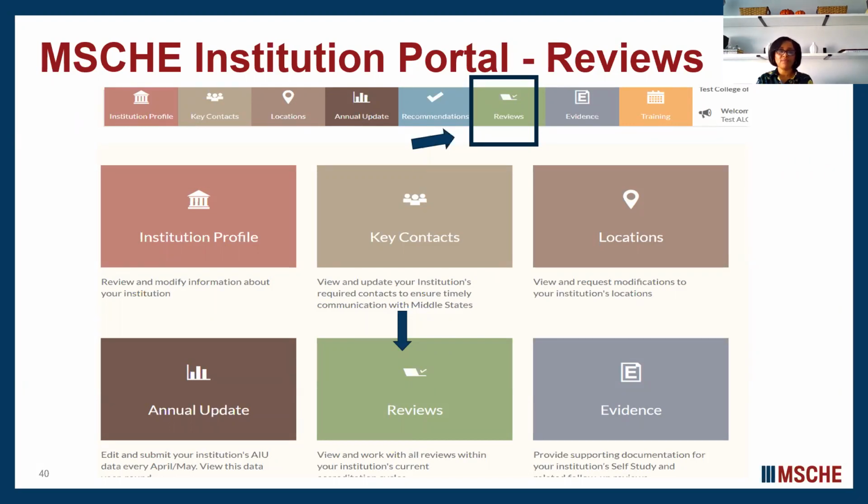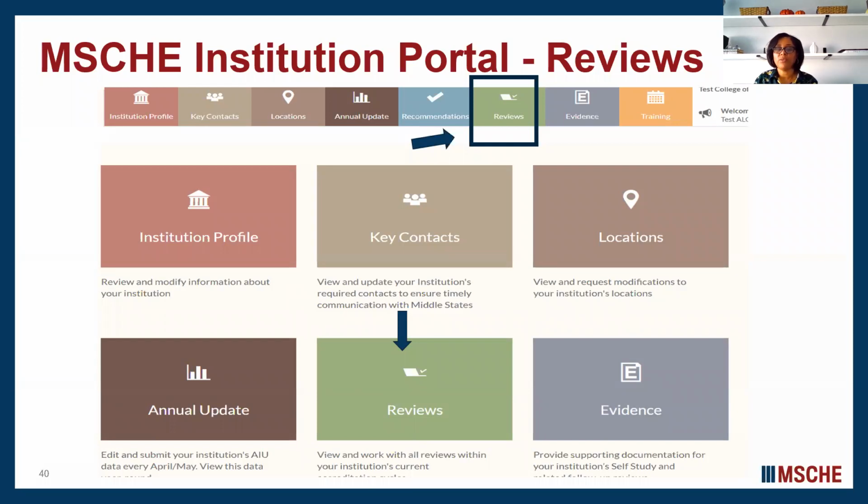There are two paths to get to the substantive change screening form. The first path is located under reviews. You see I have the little arrows under reviews, and you can click on either at the bottom or at the top.